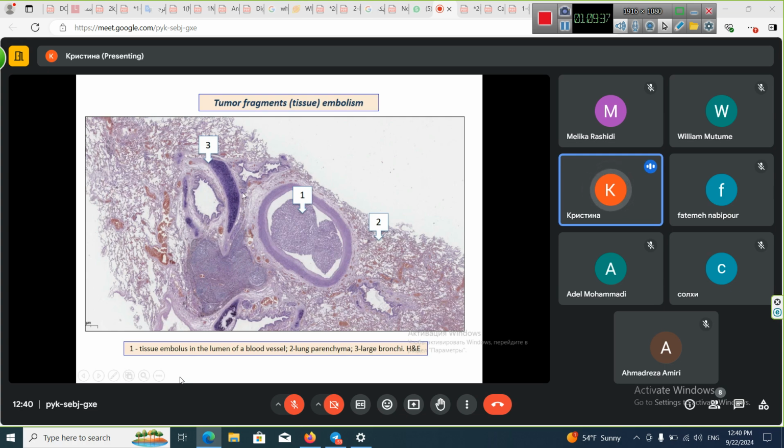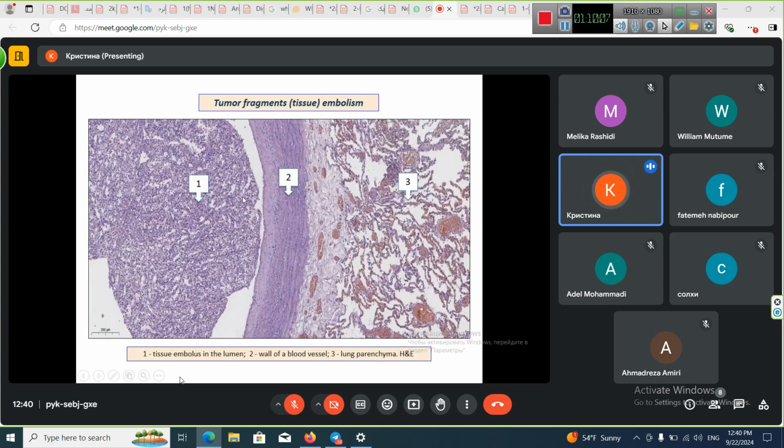So number two and number three, you should not remember them because they describe the structure of the lung. It is not your topic here. Your topic here is about this, about blood vessel and the piece of tumor tissue within it. So it happens in lung, so possibly we have here the metastasis in lungs.